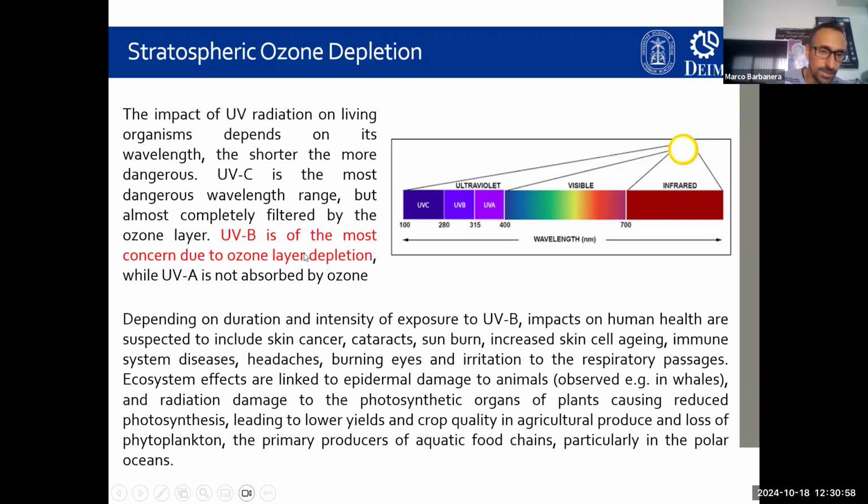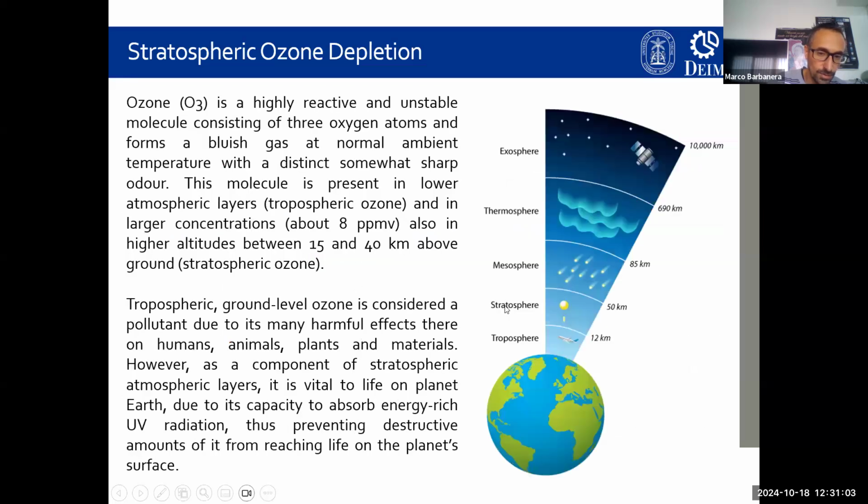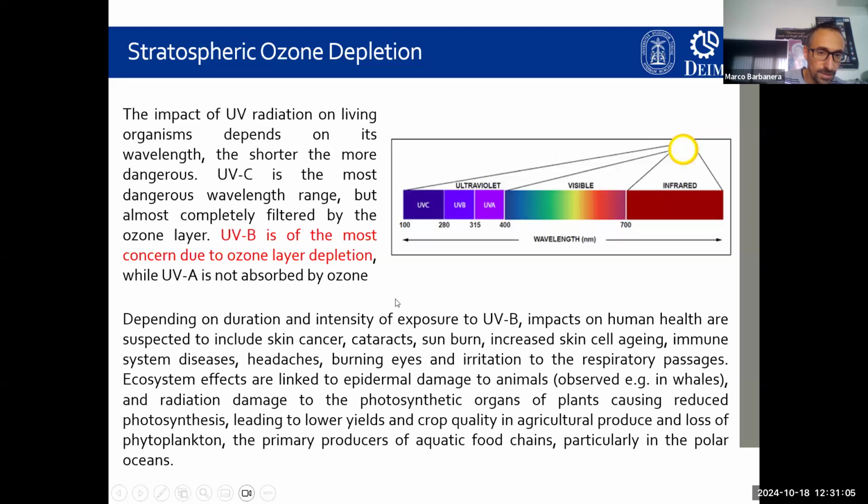So if the concentration of stratospheric ozone decreases, the UVB fraction of solar radiation can reach the Earth's surface, generating problems for human health and ecosystem quality in particular.